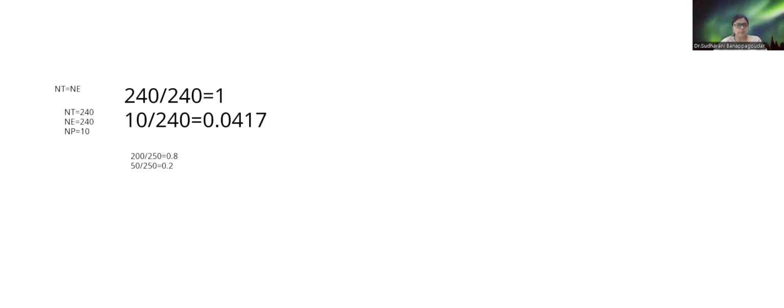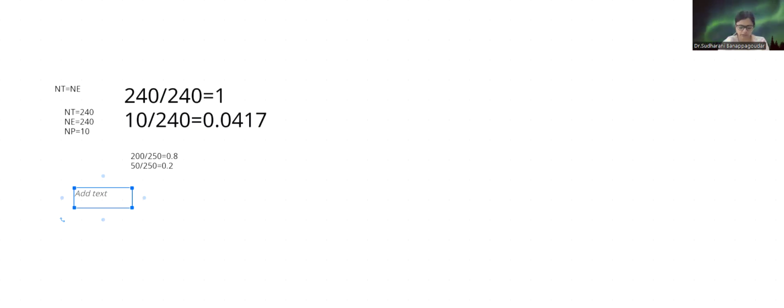Let me type the formula again. SS equals F of NT comma NE, bracket complete, multiplied by 15, plus F of NP multiplied by 5.